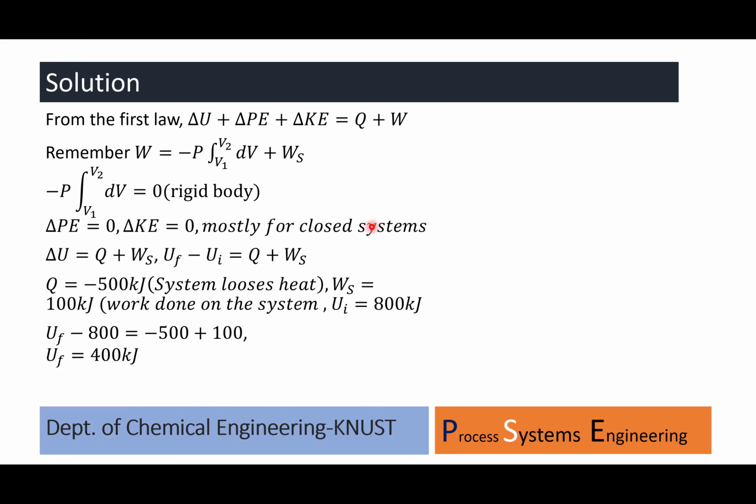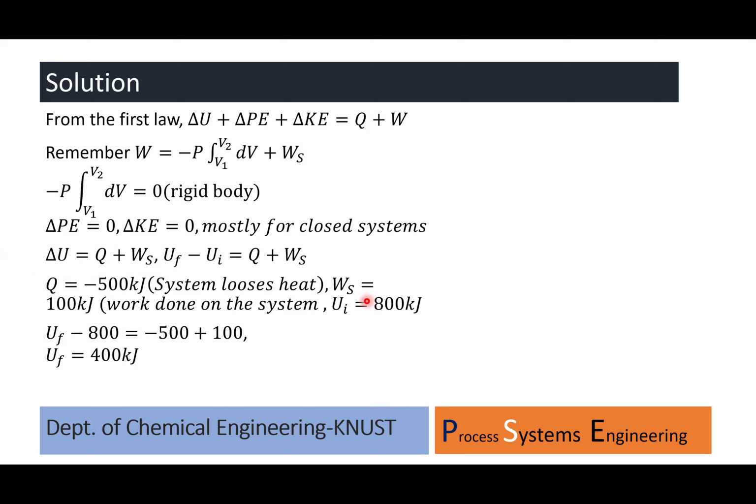Then we are saying that for our system, usually we are considering that there is no potential and kinetic energy change. So our change in U is just going to be our Q plus our shaft work. And we said the change in U was going to be U final minus U initial. Once again, our Q, the heat was being lost, so it's negative: minus 500 kilojoules.